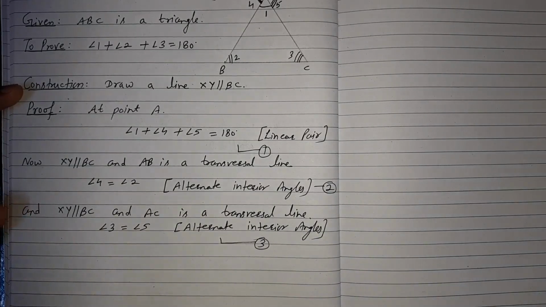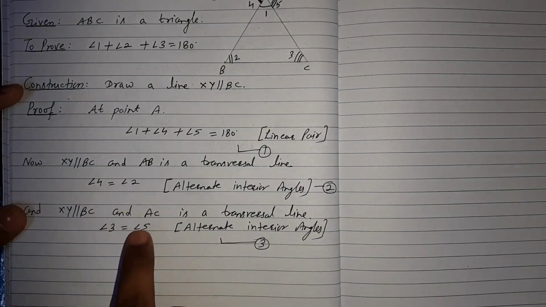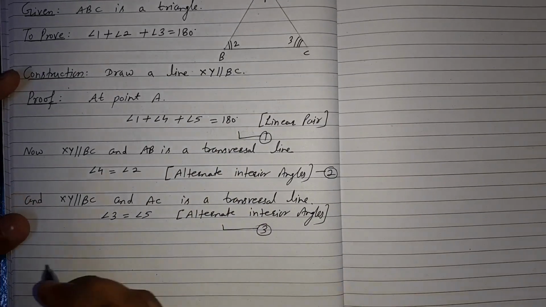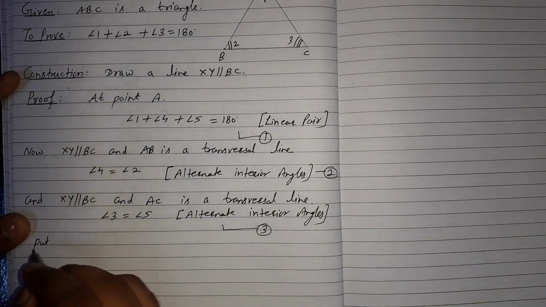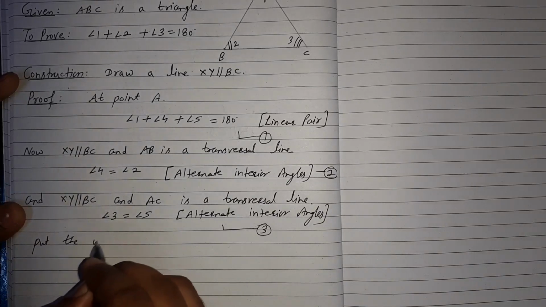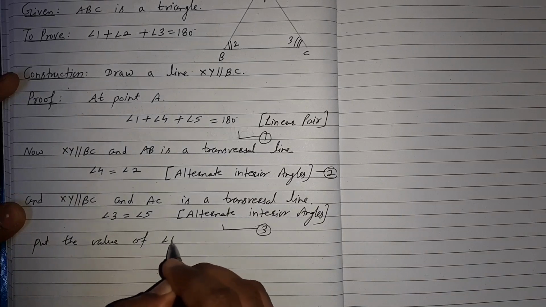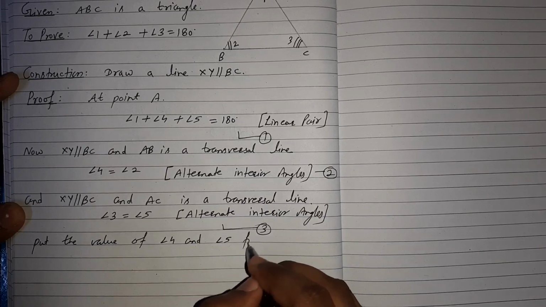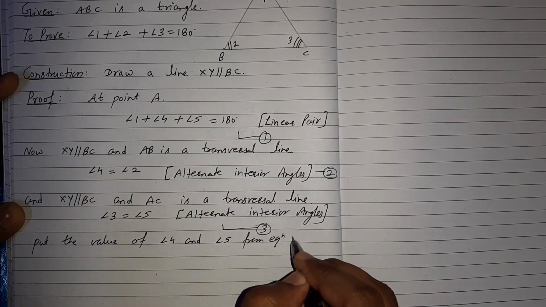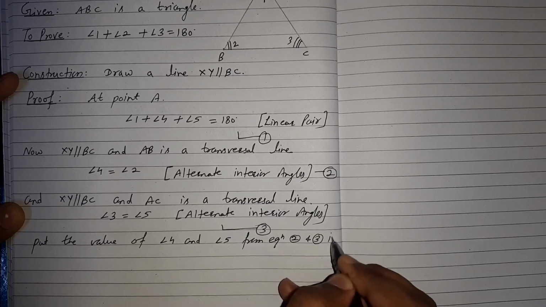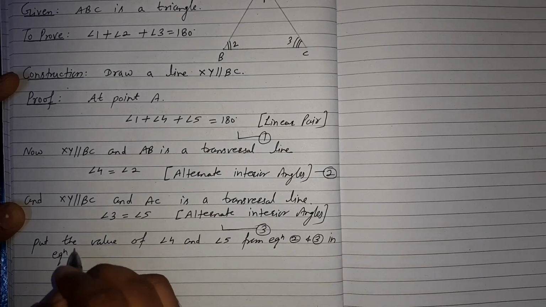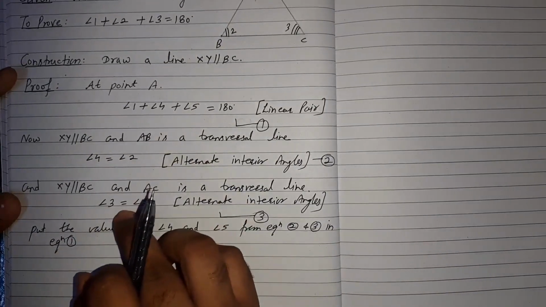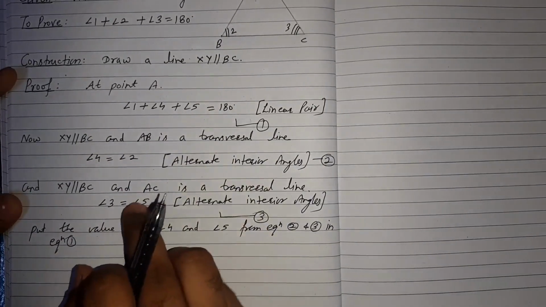Now put the value of angle 4 and angle 5 from equations 2 and 3 in equation number 1. Angle 4 is equal to angle 2, so replace this value, and angle 5 is equal to angle 3, so replace this value also.